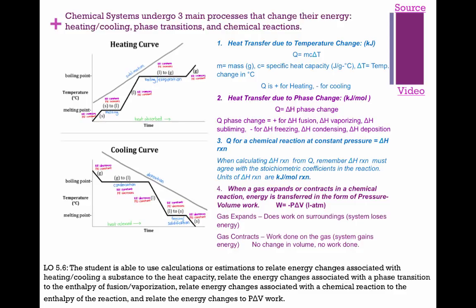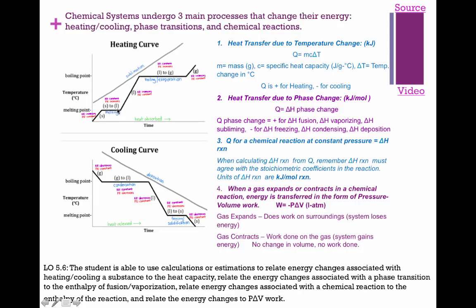And so looking at these heating and cooling curves, if you start with something that's a solid and you heat it up all the way to a gas, draw your heating and cooling curve to help you figure out how you have to calculate Q. Because in this part, and this part, what is all of your heat that's being added being used to do? In this one, heat it up, right?